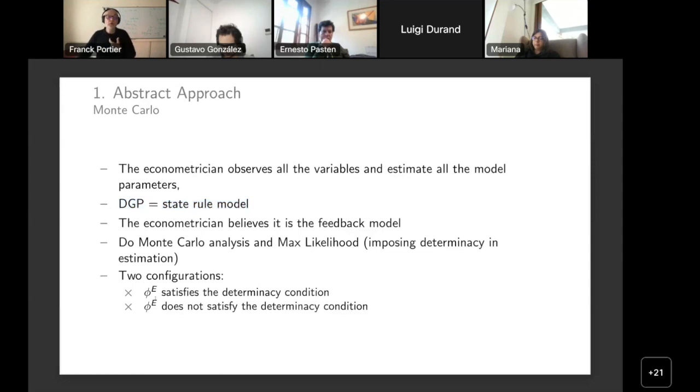In the configuration in which there's no problem, and in the configuration in which there's a problem. So you see that the difference between those two configurations is the particular value of my policy parameter, which is given. That's part of the DGP.